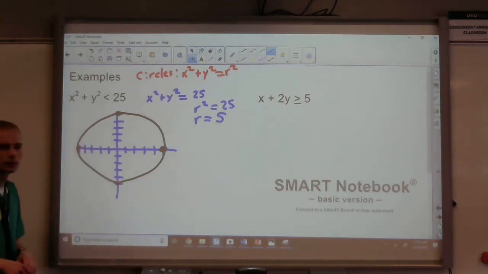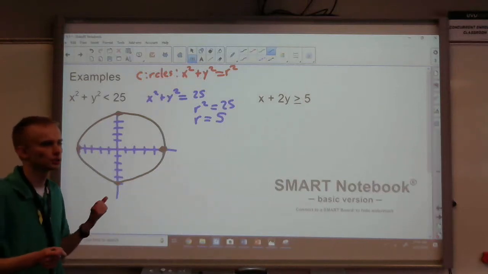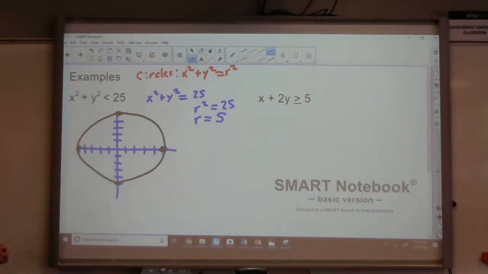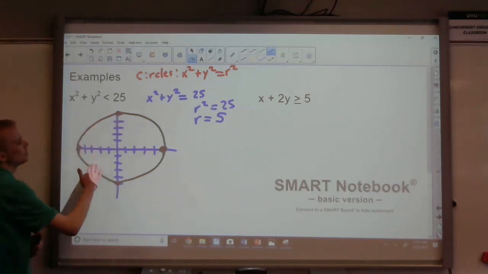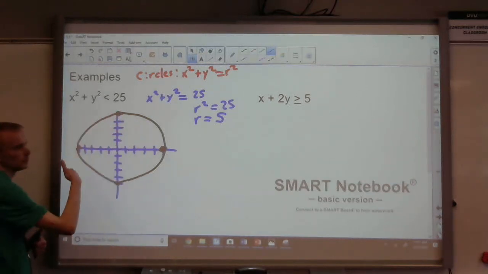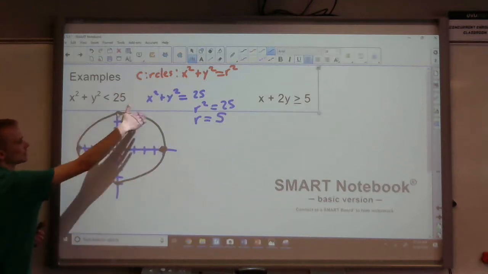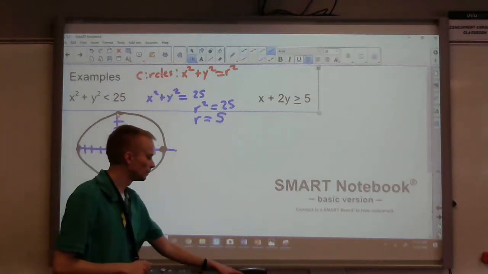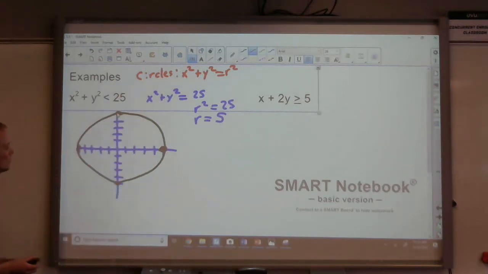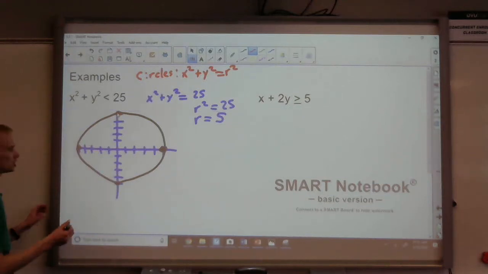So what I would recommend as you're trying to figure out what part would be shaded is this: it's either going to be the inside of this circle or the outside, okay? And how do I tell the difference? Well, I'll just plug in a point to see, okay?